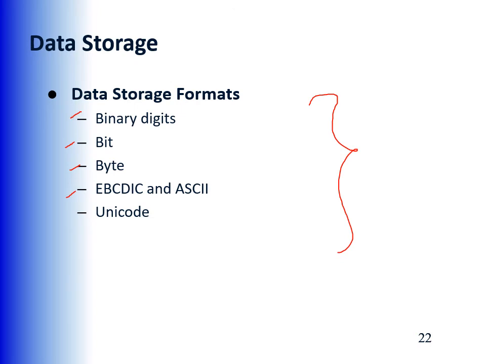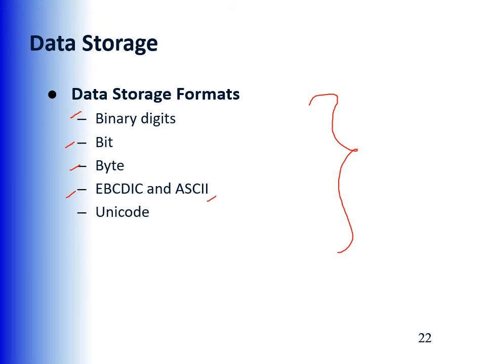Okay, EBCDIC basically stands for Extended Binary Coded Decimal Interchange Code. It is a coding method used for mainframe computers and high capacity servers. ASCII stands for American Standard Code for Information Interchange. It is a coding method used on most personal computers.